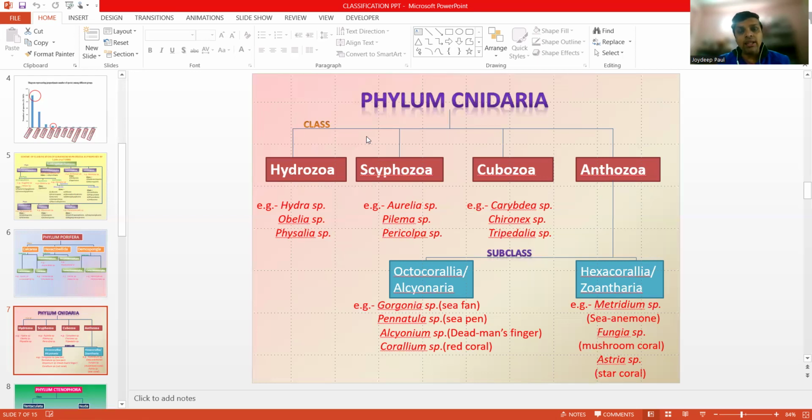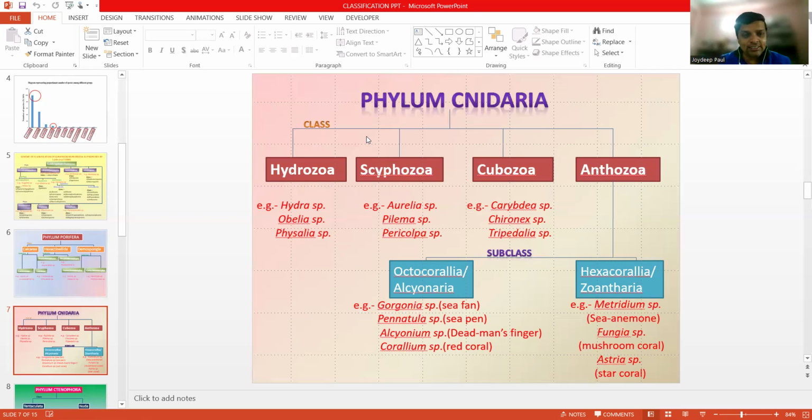The fourth or the last class is Anthozoa. In Anthozoa, anthos means flower and zoa means animals, so flower-like animals. Basically they have a shape of flower-like animals, and you can actually guess the example from this class.